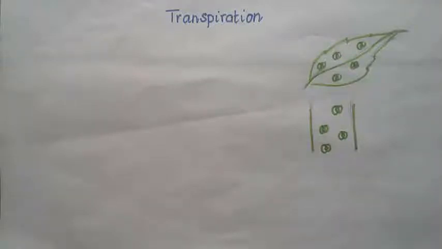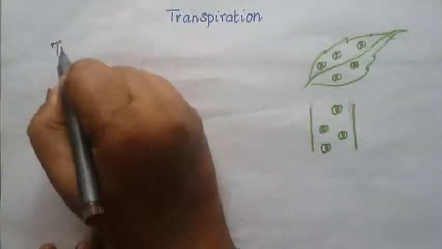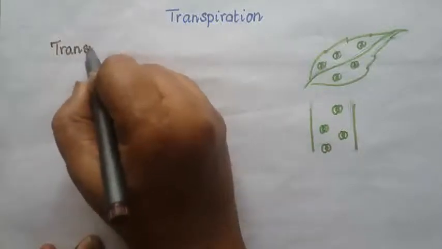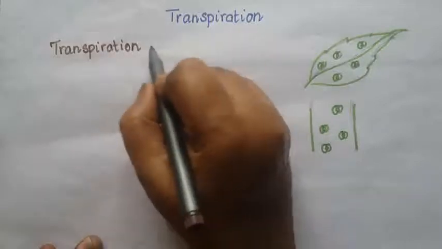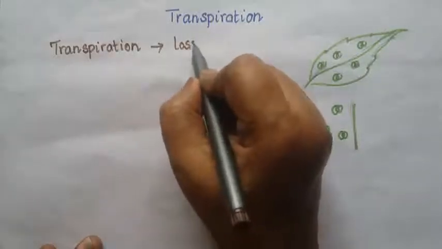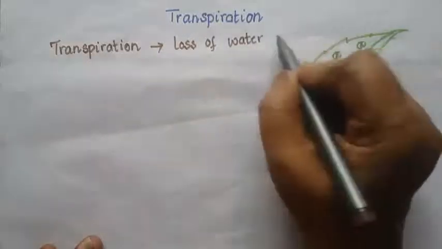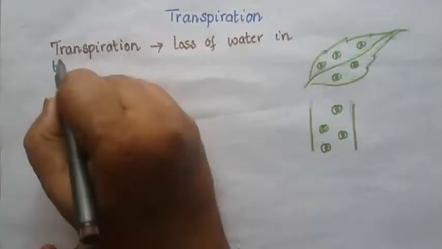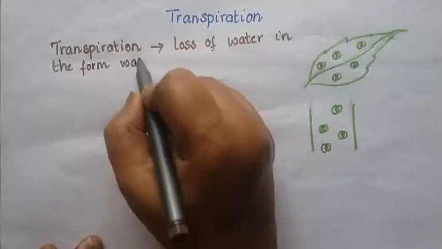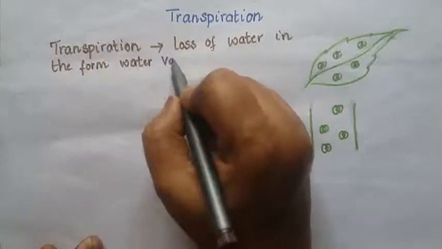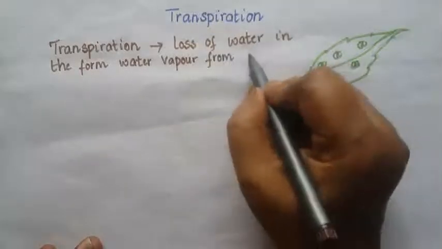Fine, children. So, let us start. Transpiration is defined as loss of water in the form of water vapor from the aerial parts of the plant.